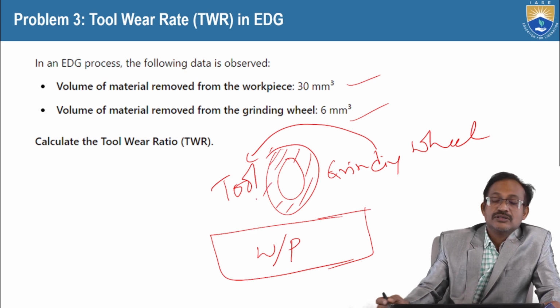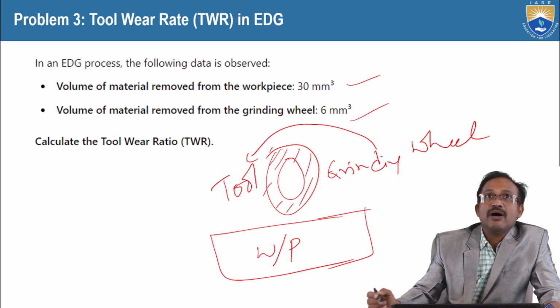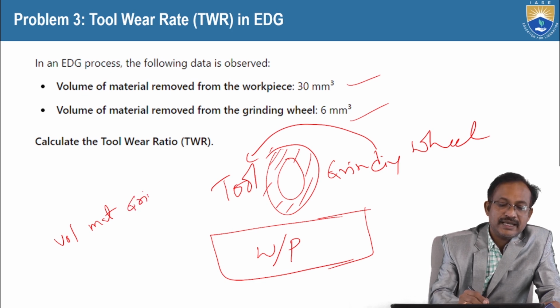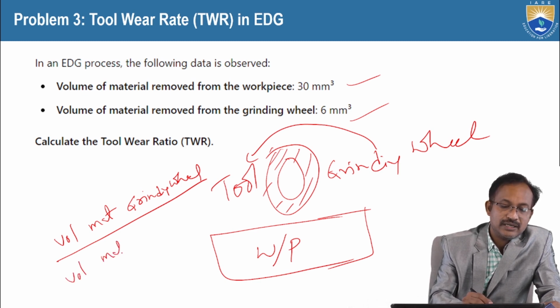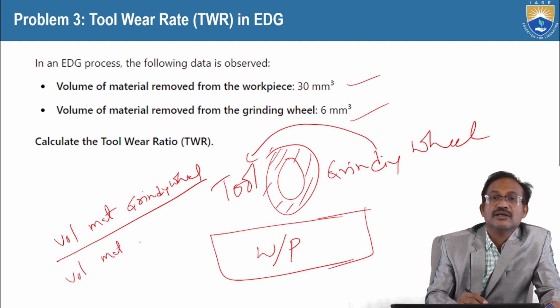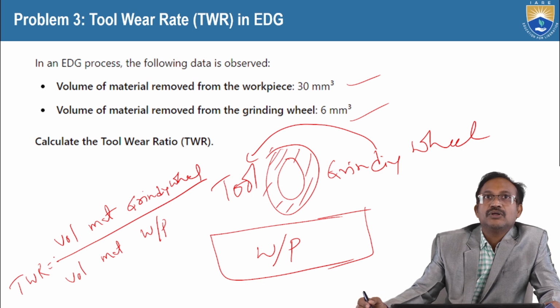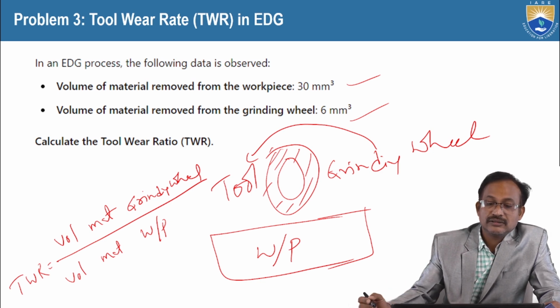It is the ratio of the volume of material removed from the grinding wheel to the volume of material removed from the workpiece, that is TWR, the tool wear ratio.